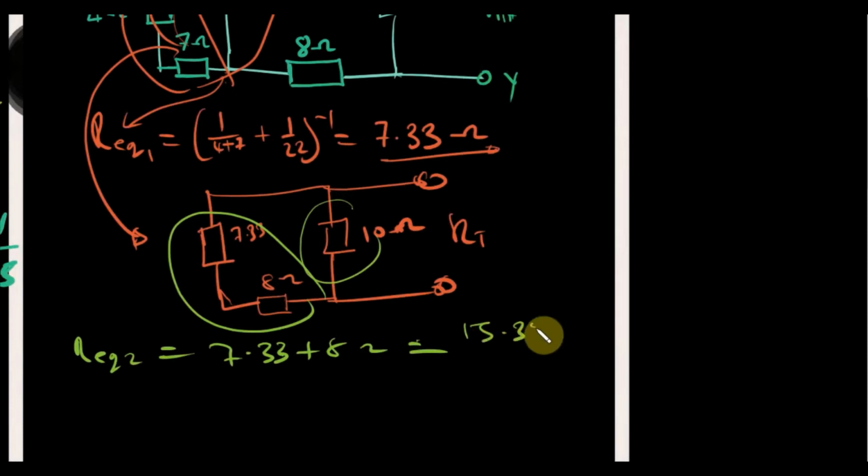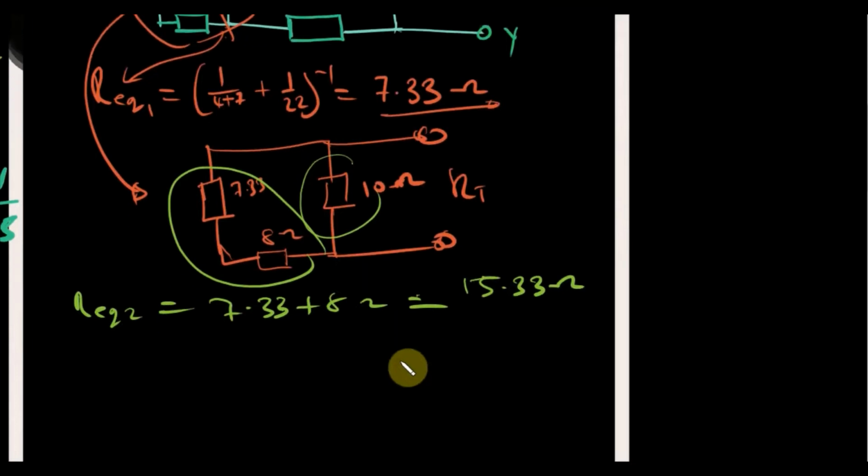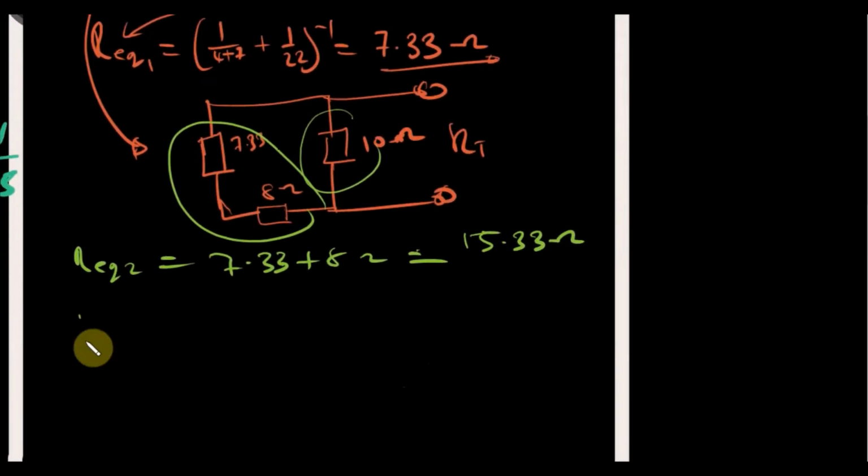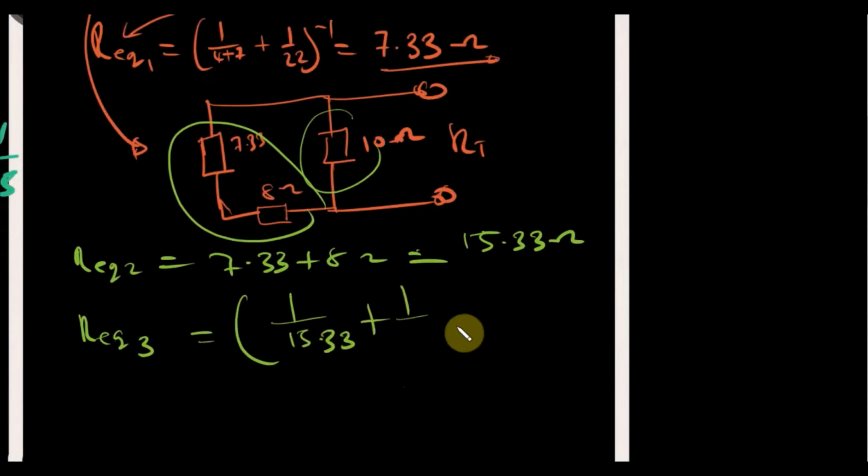So 15.33 ohms. Just go ahead and write R equivalent 3. It's gonna be 1 over 15.33 plus 1 over 10.